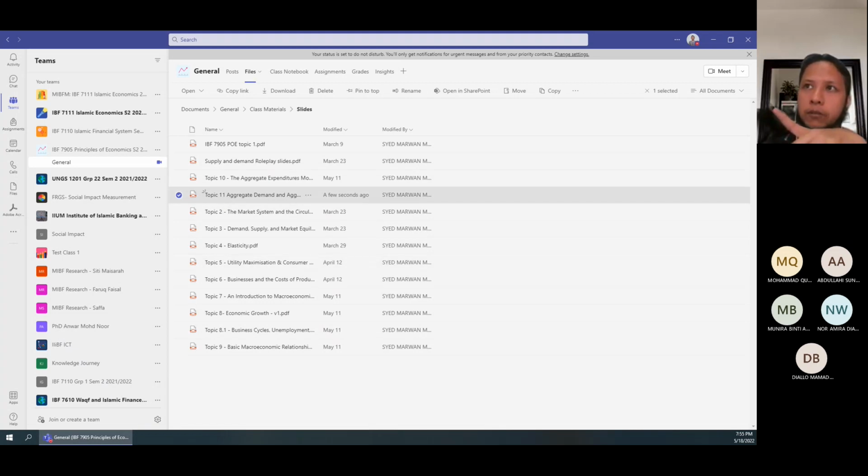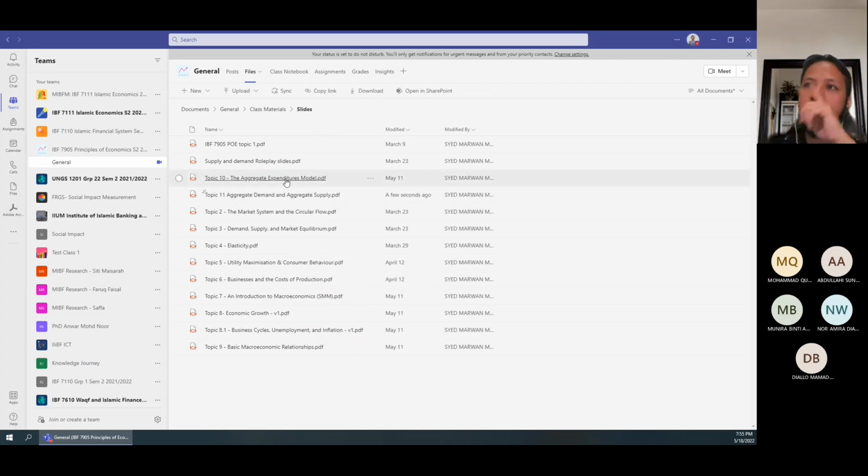In the course outline, you see topic 10 as the aggregate expenditure model, but I think it is sort of already covered in some ways.